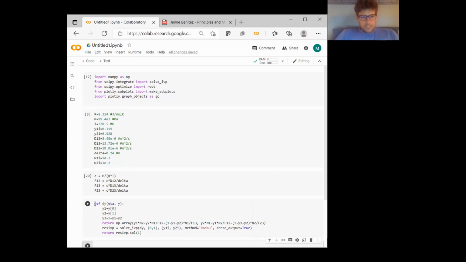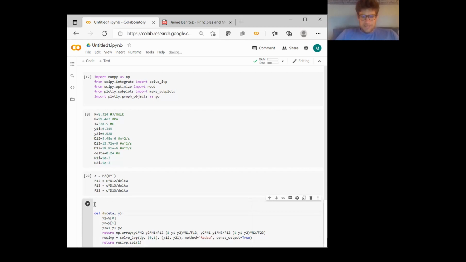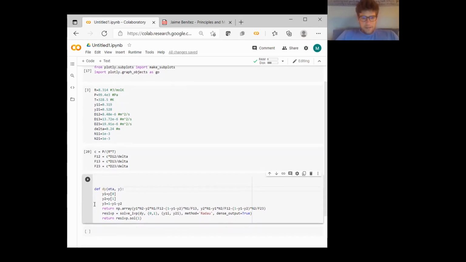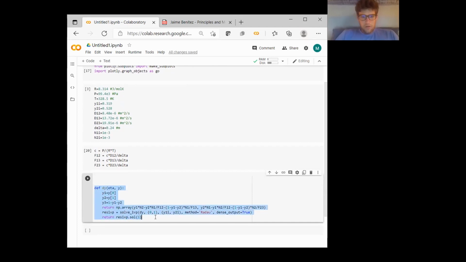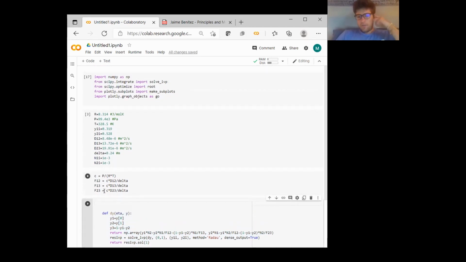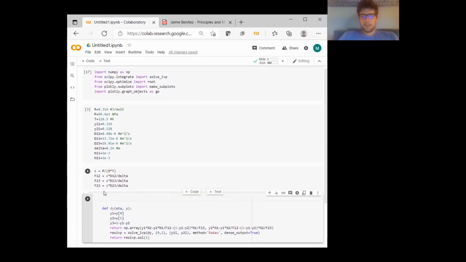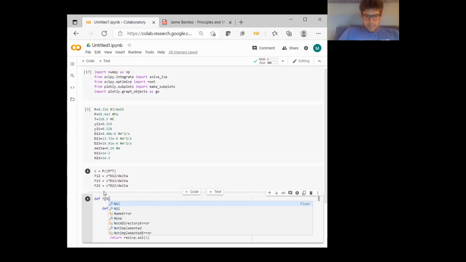In order for us to determine those, we really need to define something outside of the things we've already defined. What we need to define is a function for the molar fluxes.